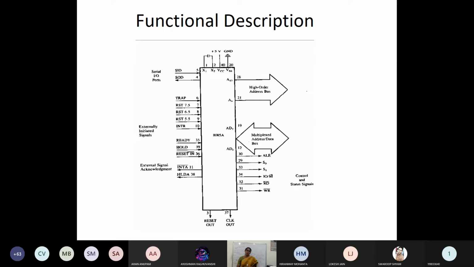Otherwise, how will you understand the microprocessor? So we will start with yesterday's work only.